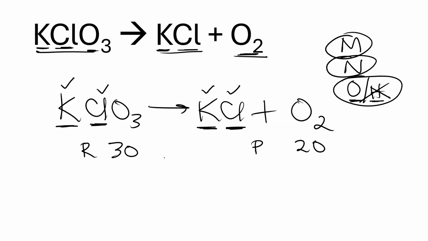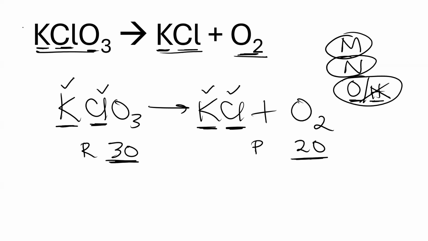So what coefficient do we multiply on the reactant side and on the product side so that we'll have the same number of oxygen atoms in your chemical equation on the reactant and the product side?